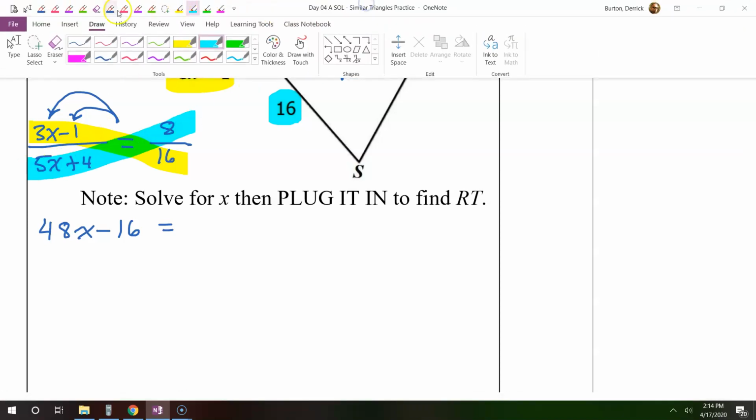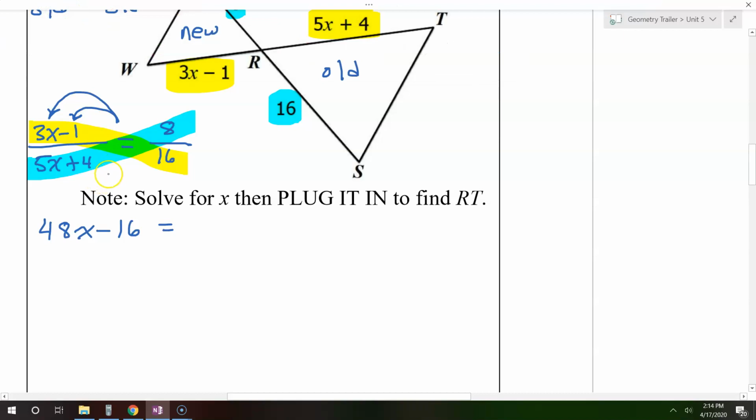Now we look at the up diagonal. And again, we remember that we are doing the distributive property. We're going to take that 8 and we're going to multiply it by 5x, and we're going to multiply it by the 4. So that's going to give us 40x plus 32. Okay, let's get these x's together by subtracting 40x from both sides.